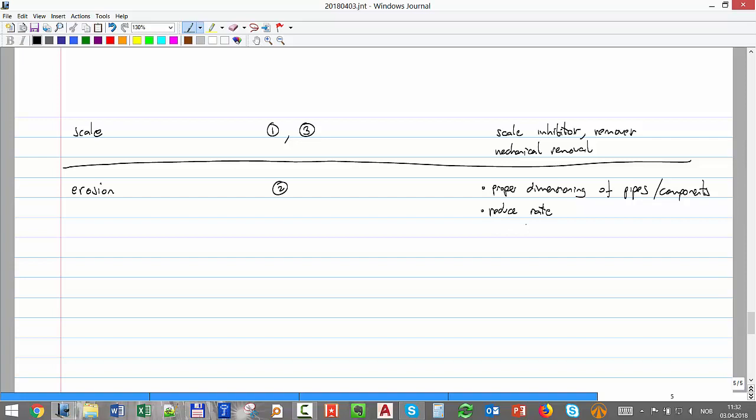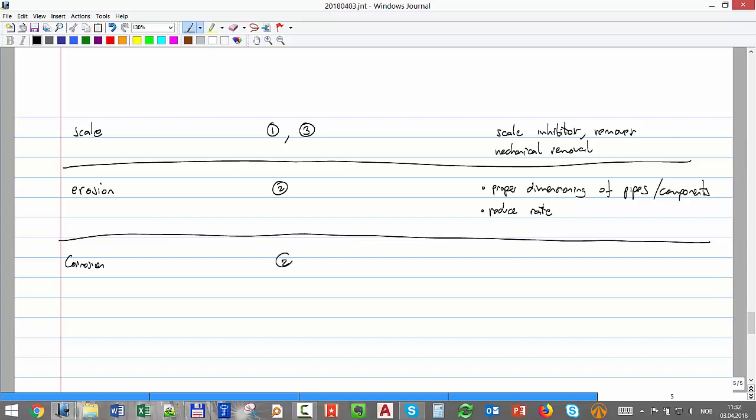Because I'm losing production. What else? Corrosion. Corrosion can lead to, again, integrity problems. Well, erosion can also lead to loss in functionality, okay? If you have, and this one also. So how do I deal with corrosion?